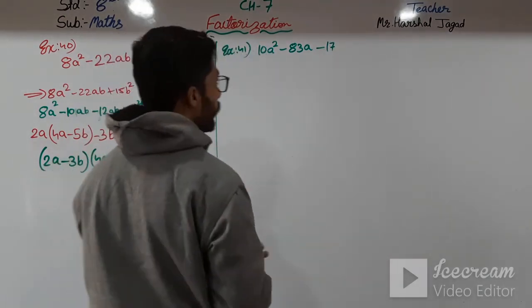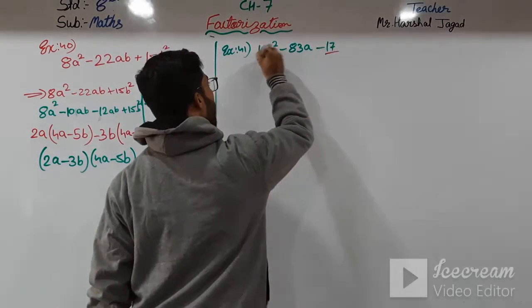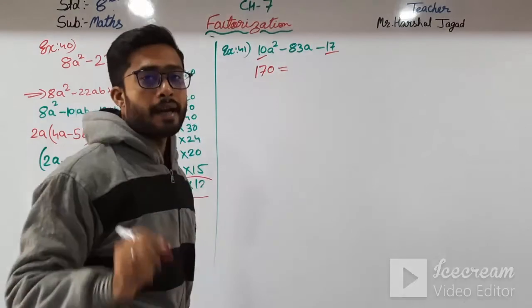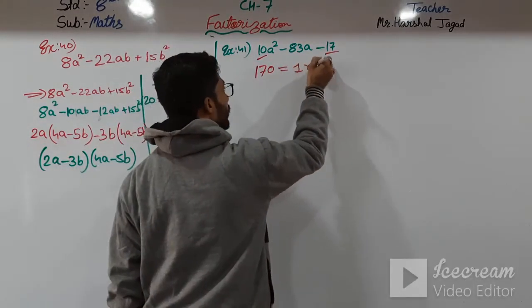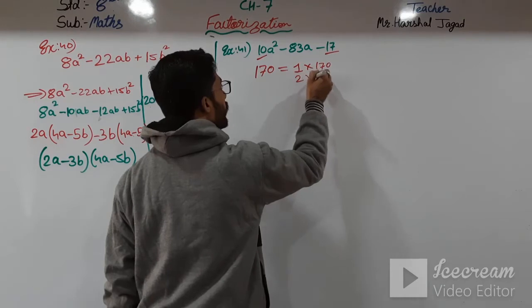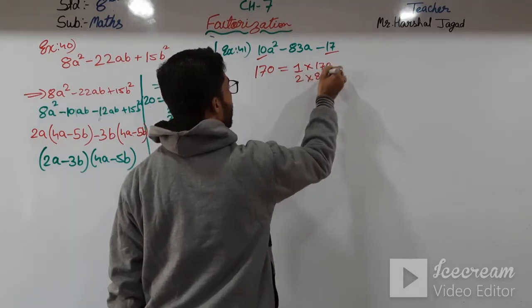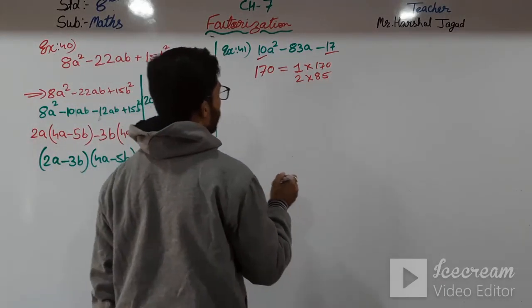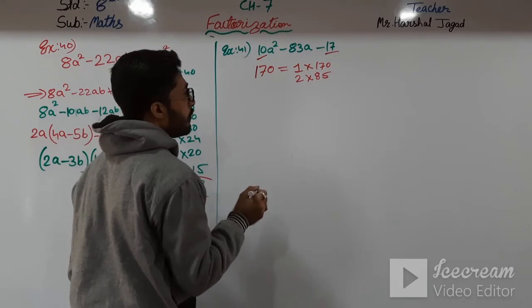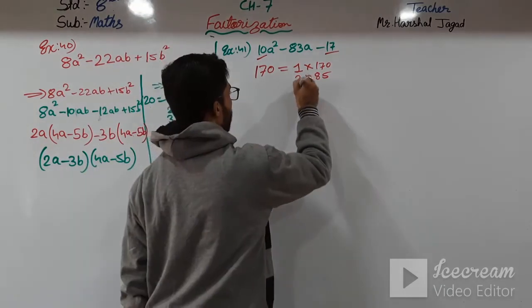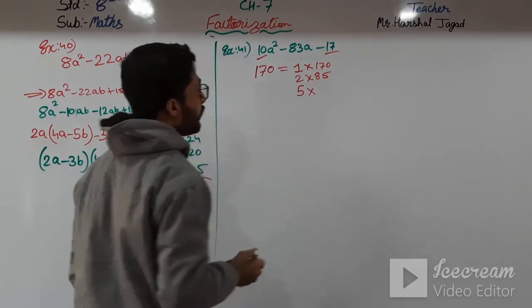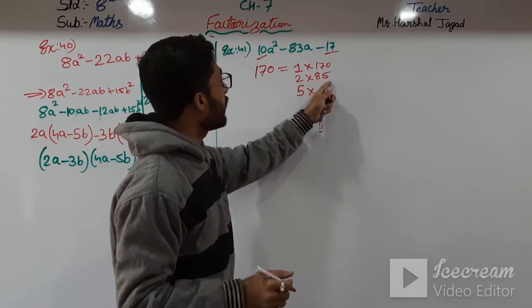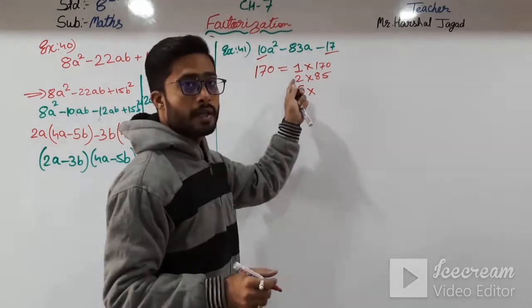So first of all, what we have to do, we have to take the product of this and this, that is 170. So finding out the factors, that is 1 into 170, 2 into 85, 5 into 34, 10 into 17. But you can see we want 83, and here it is 85 minus 2, that is 83.